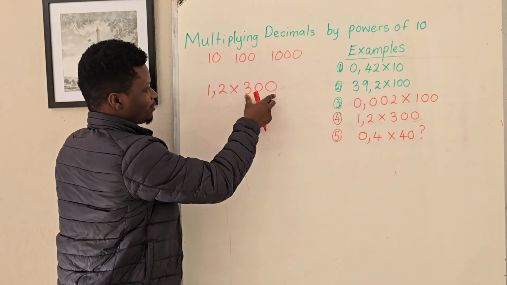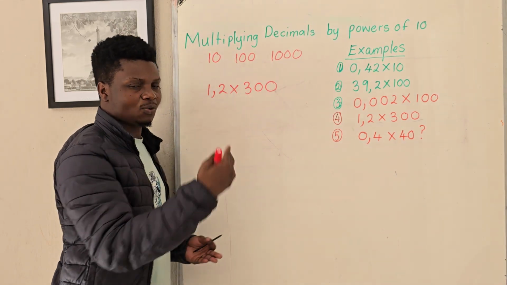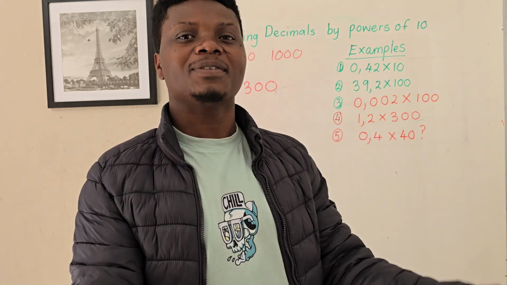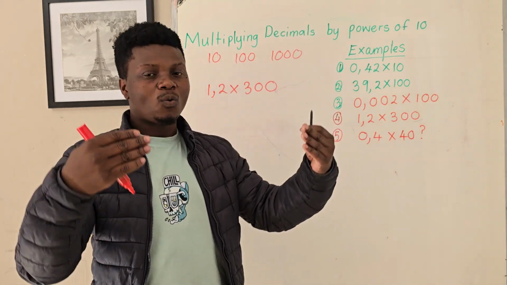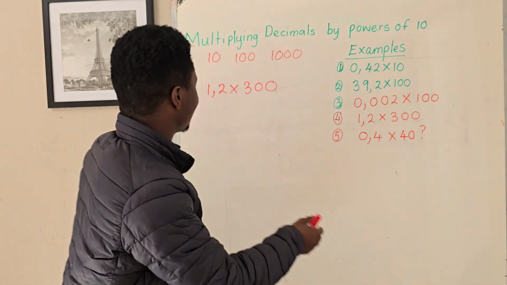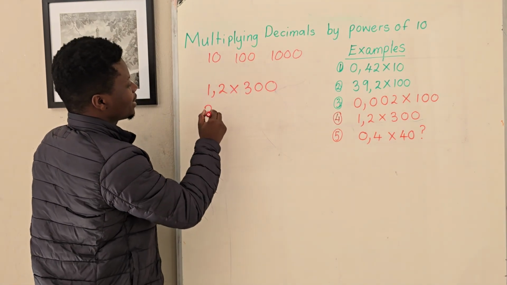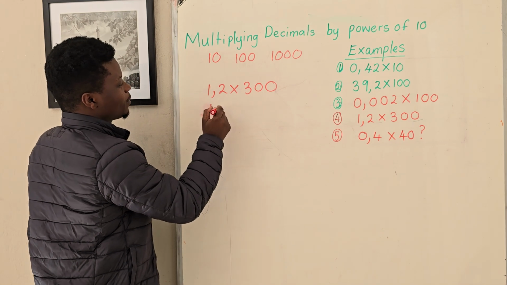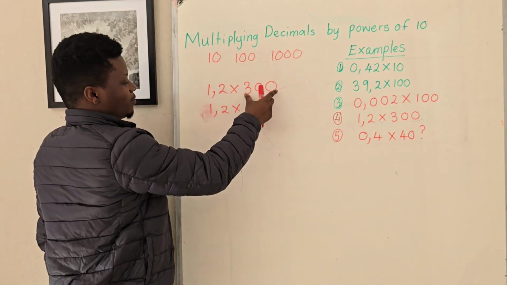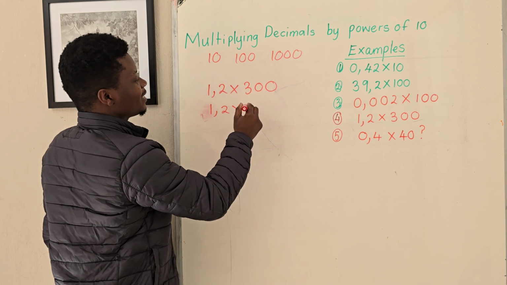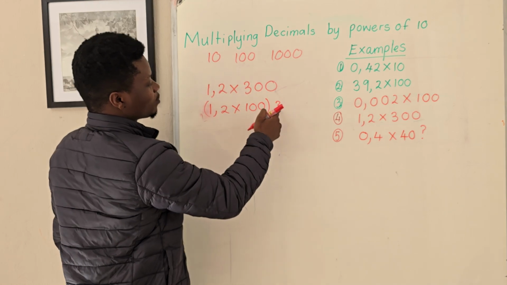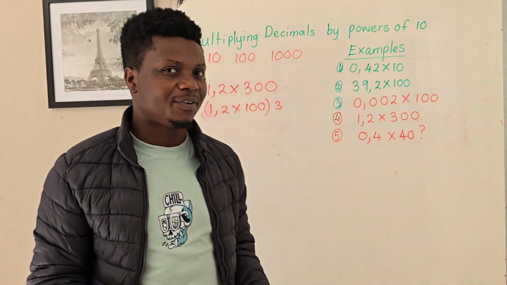Remember, 300 means 100 times 3, like 500 means 100 times 5, and 700 means 100 times 7. So here I'm going to say, okay, I can write this sum as 1.2 times 100 times 3, because 100 times 3 gives me back 300, doesn't it?